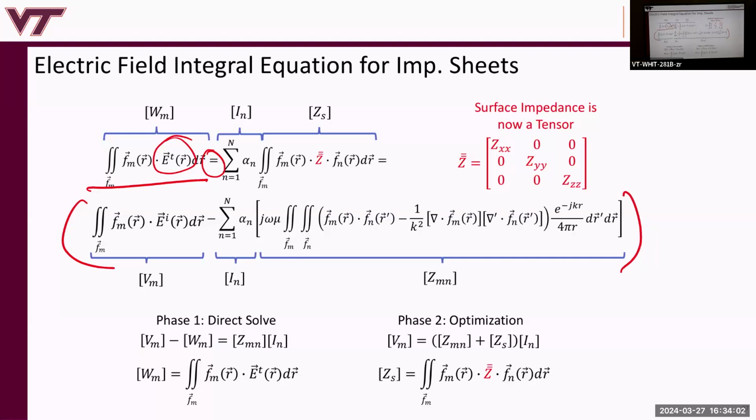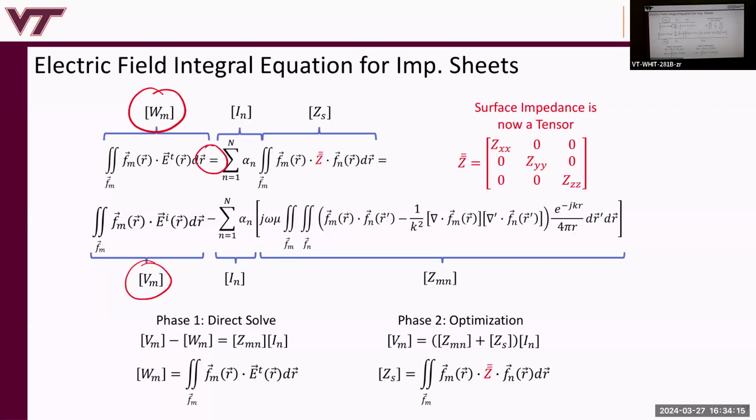If you do that, then you end up calculating this W matrix, and you move the W matrix to the opposite side. So here you would have W is equal to V minus I times Z, right? You keep the Z times I on one side, and then you move the V to the other side, and the W is already on that side.